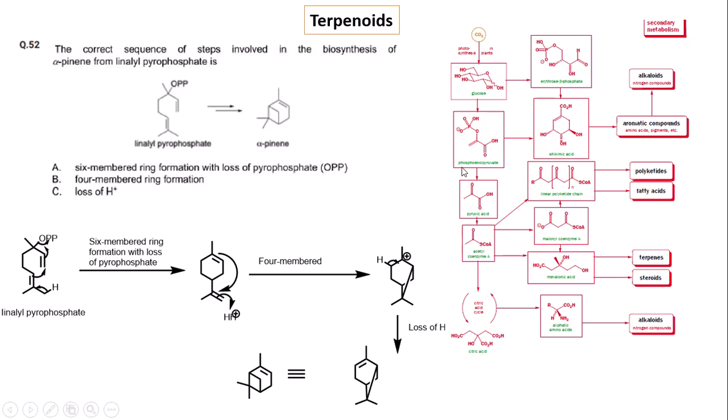So this is the sequence where the different type of the reactions has happened, and here the linalyl pyrophosphate after the intramolecular cyclization we get the six-member ring, and after the acid catalyzed cyclization we get the four-member ring and get the alpha pinene, and the intermediate involved for these reactions is the six-member ring formation with the loss of pyrophosphate, and then four-member ring formation, then the loss of the H plus. The whole sequence is correct, that is the A option, B option and C options are correct for these transformations.